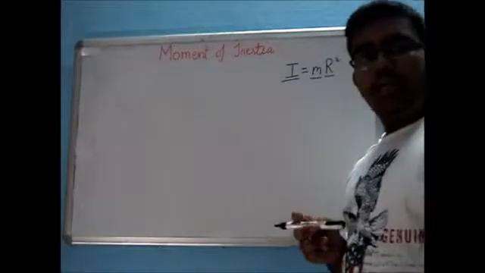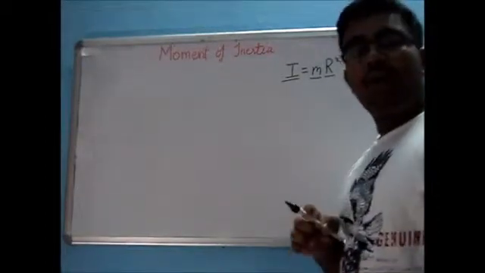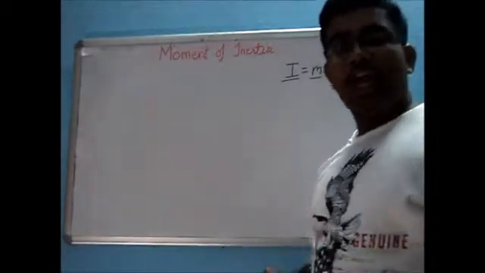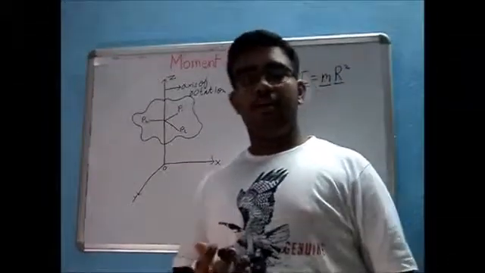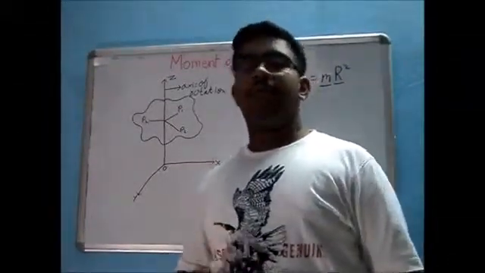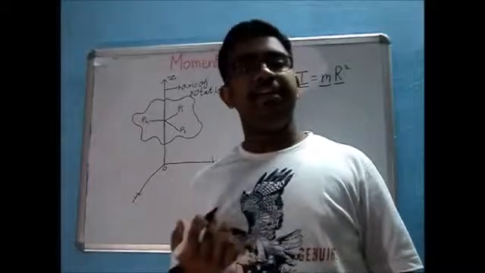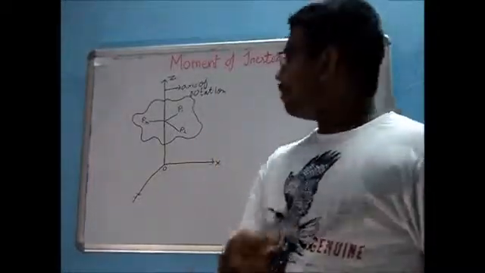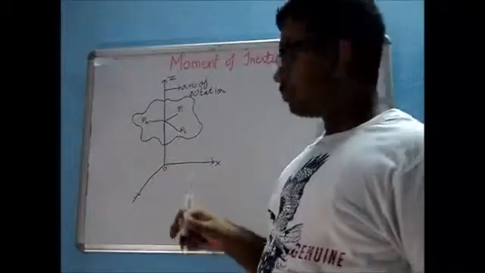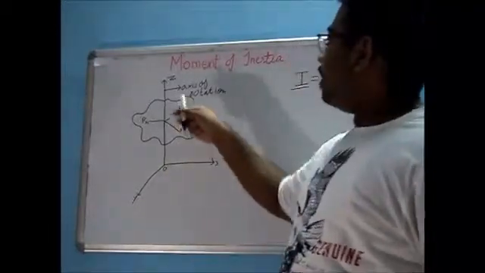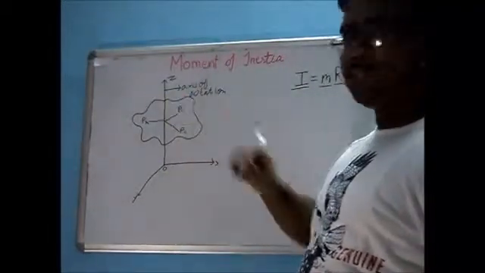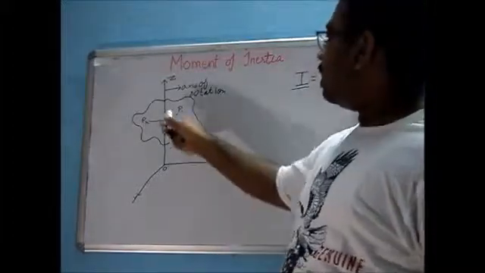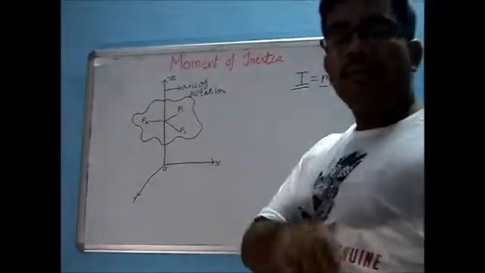So now let us derive the formula for finding the moment of inertia of any rigid body. Here I have taken a rigid body with its axis of rotation as the z-axis and having numerous particles.